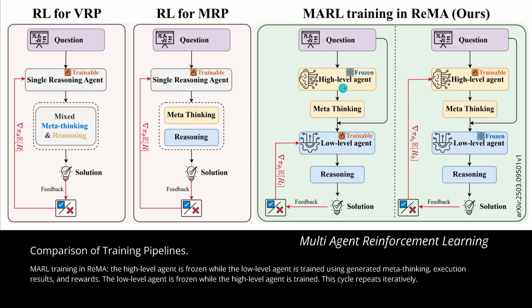We have two systems, so guess what? The easiest solution: at one point, we just freeze one agent and the other agent is trainable. And then we do exactly the opposite. We have the high-level agent that is now freed, is now trainable, but of course only with the low-level agent now frozen. So therefore, you have an alternating learning step.